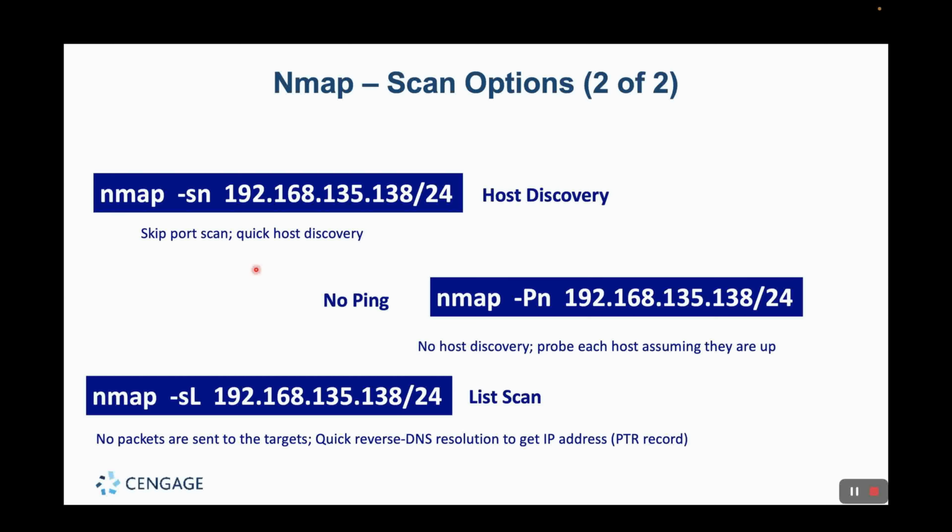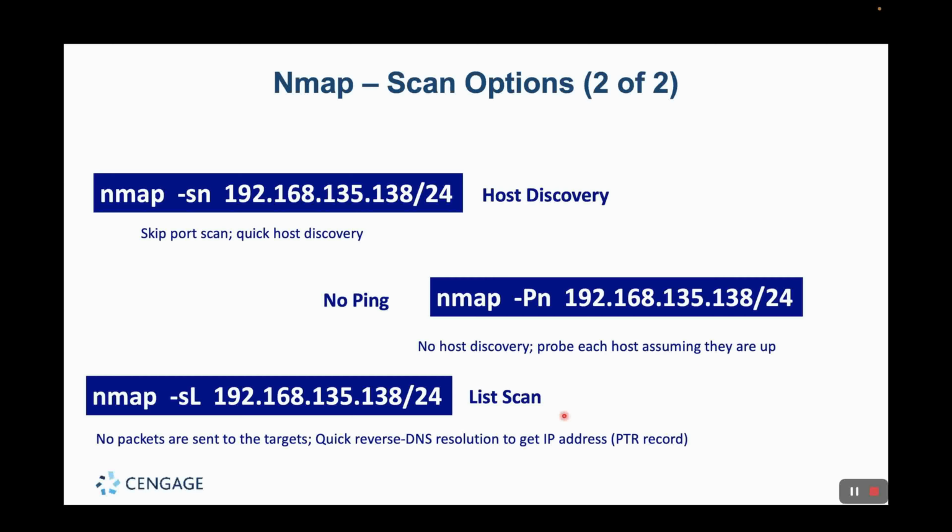This is for host discovery. It basically skips the port scan. That's for a quick host discovery. Now, if you want no ping, nmap -Pn, and then, I mean, basically there's no host discovery.